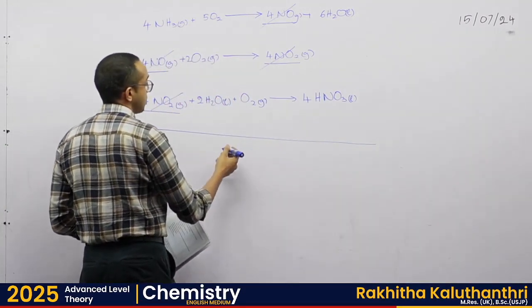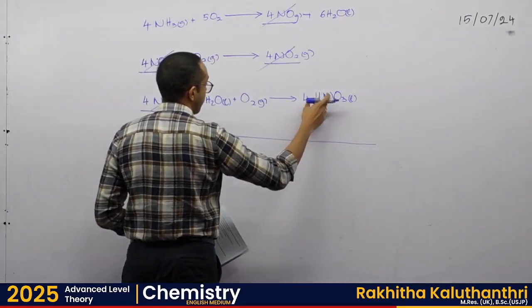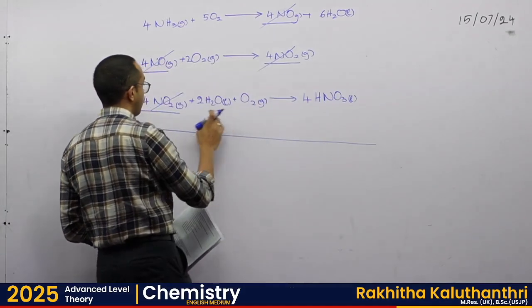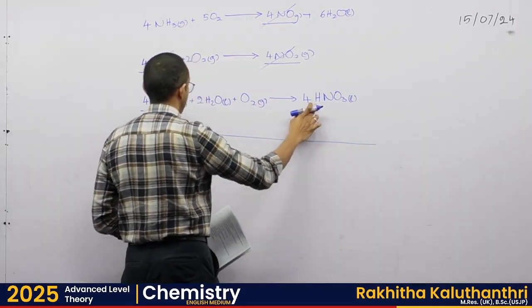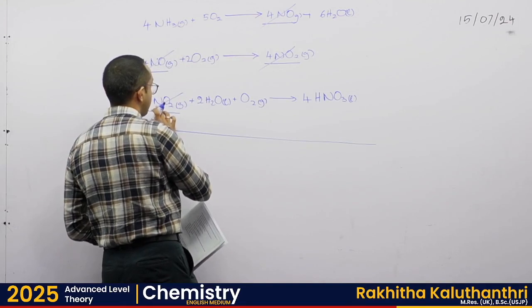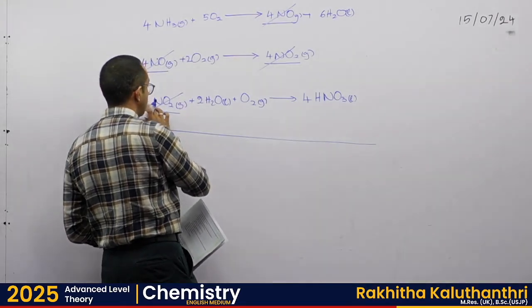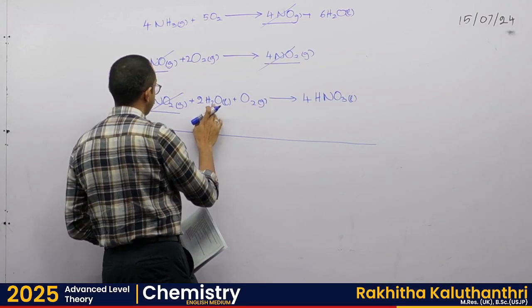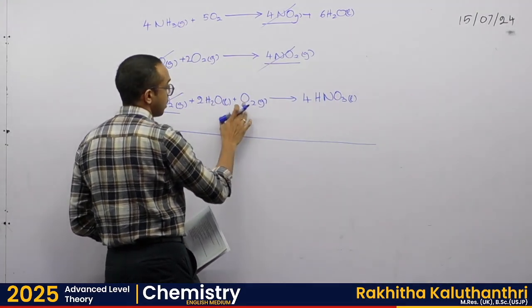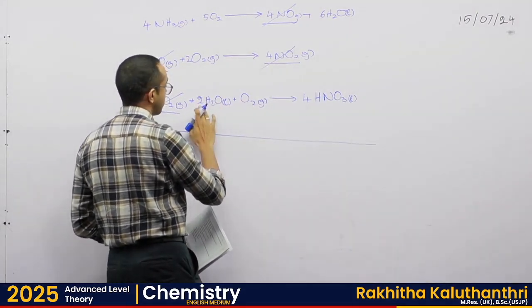Keep in mind, students, now we have to balance this. Now this is currently not properly balanced. So we have 4 hydrogens, no problem. We have 4 nitrogens and 4 nitrogens, 8 oxygens, and actually, yes, oxygens are properly balanced.